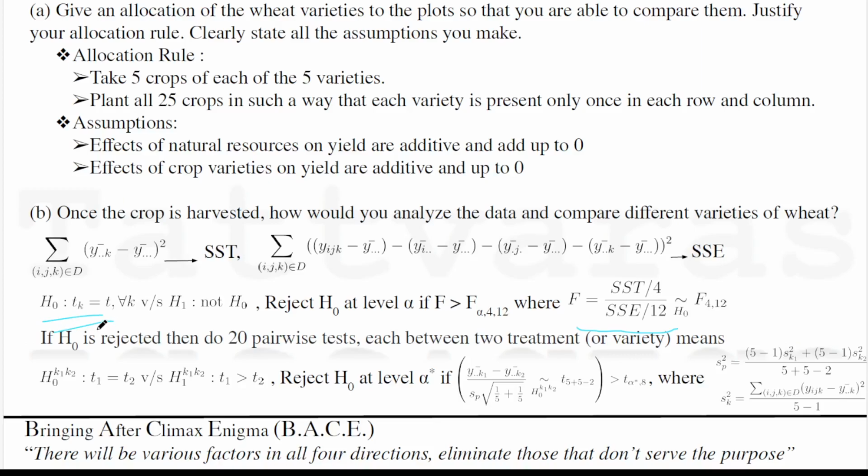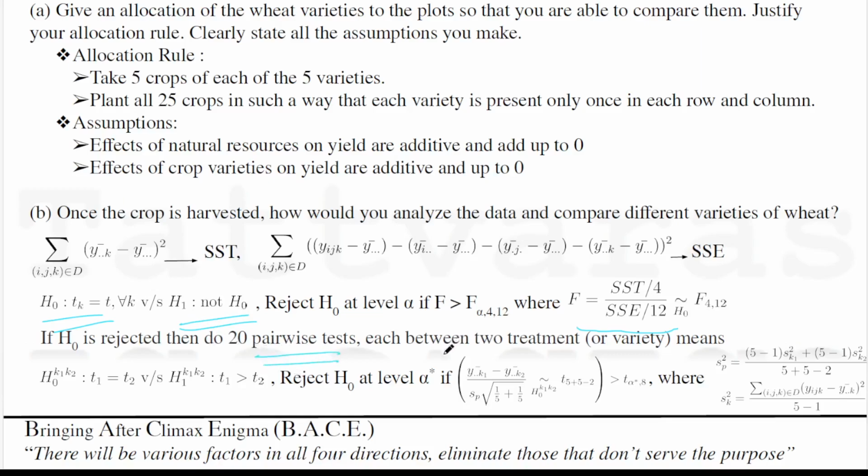Because had null hypothesis been accepted, done and dusted, you would just report to Mr. X that all the varieties are giving the same yield. But because that's not happening, then Mr. X would ask you, okay, if all varieties are not same, then which varieties are of more importance? And that is where the concept of pairwise tests comes in.